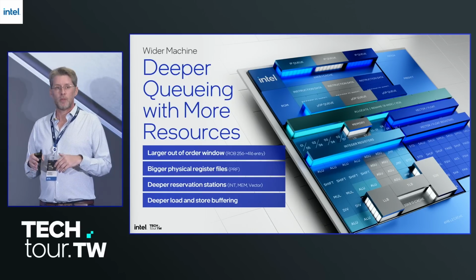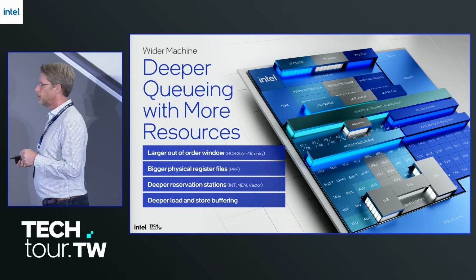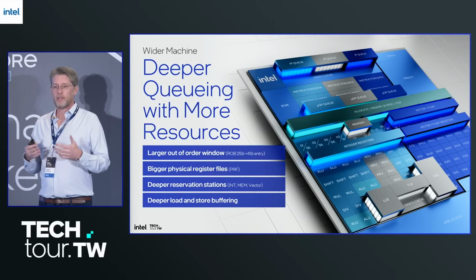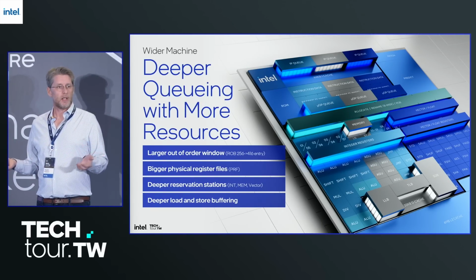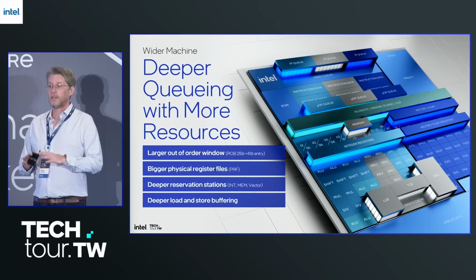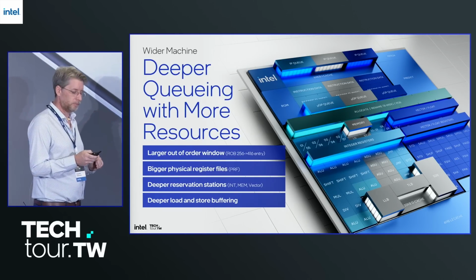In Skymont, we're about 60% deeper. So here we have a 416 entry out of order window. Going along with that, there's lots of resources that need to scale up: physical register files, reservation station entries, load and store buffering. All of those are larger in the Skymont microarchitecture.